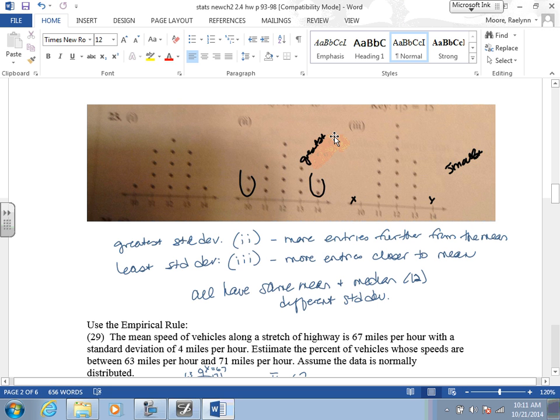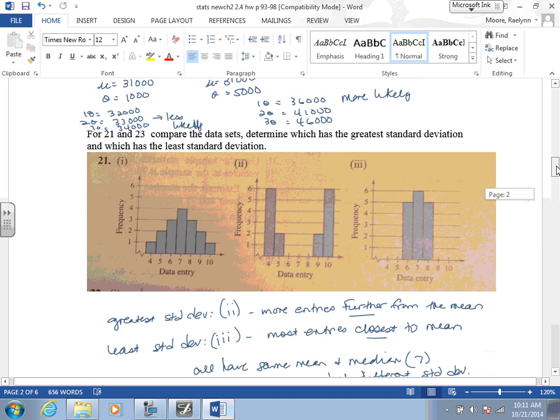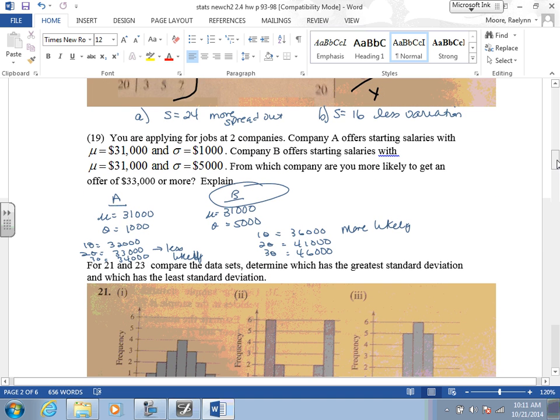Okay, and to get back to 19, this was a really good thinking problem. We said standard deviation is how much it deviates off the mean. So if both of your companies have the same mean starting salary, 31,000, and one has a standard deviation of 5,000, it's spread out a lot more.